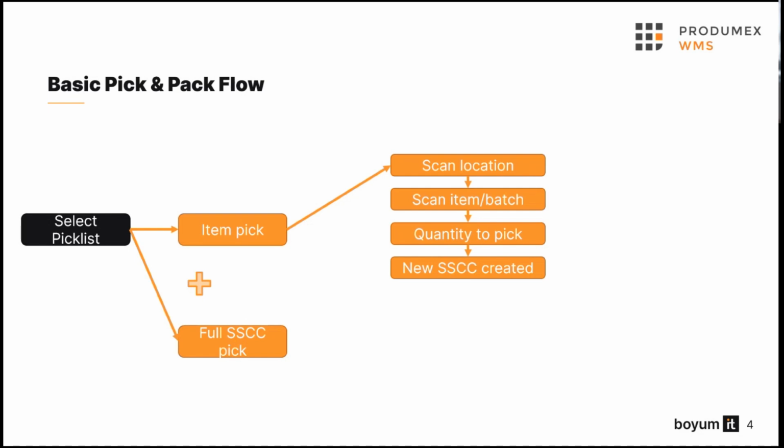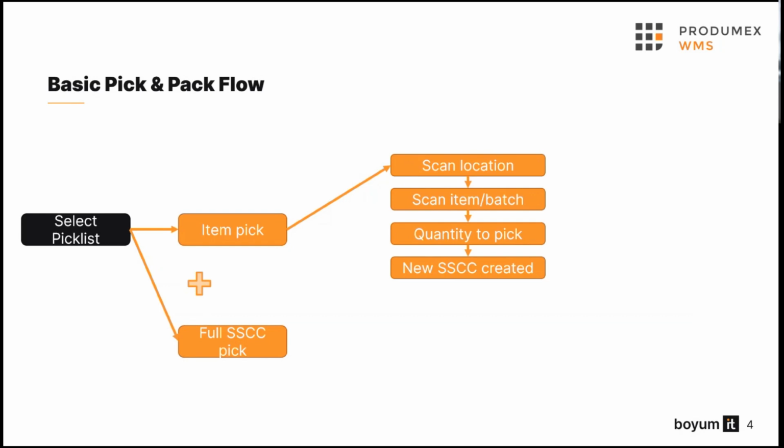If we pick items, in that case we will check more information. We have the possibility to ask the warehouse picker to scan the bin location where they are picking the item. We will ask the picker to scan the item and or the batch, if needed.